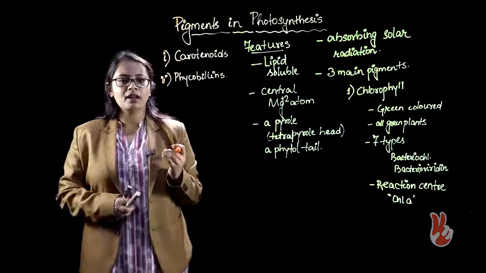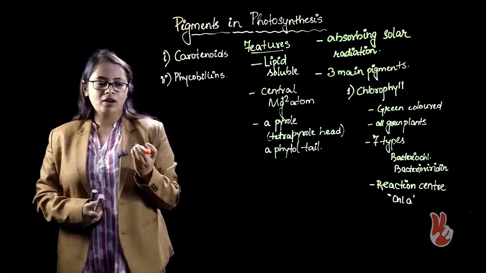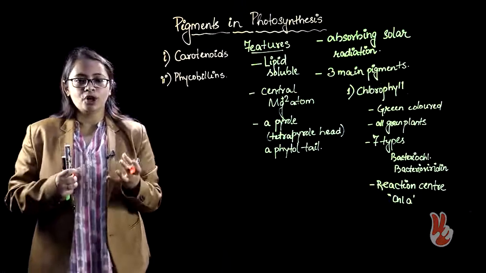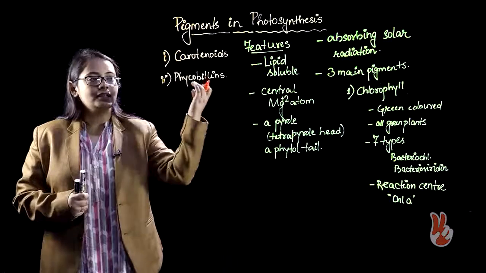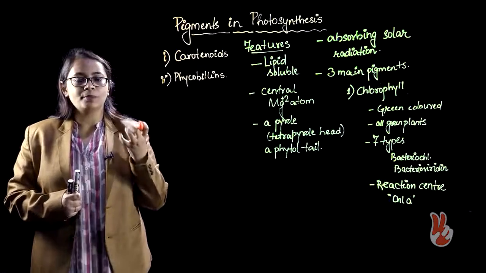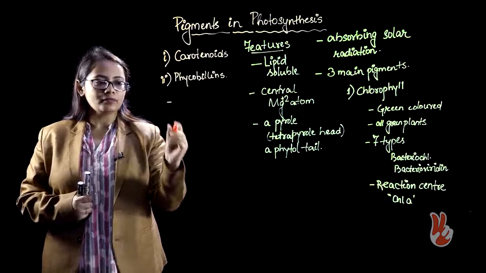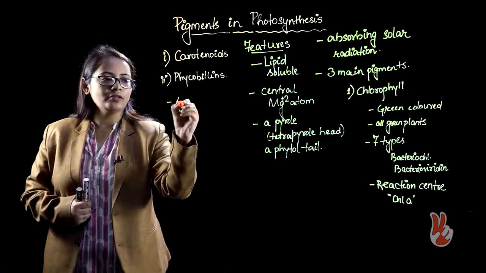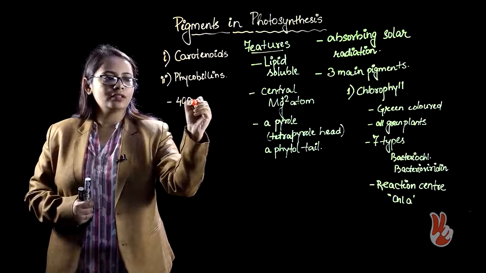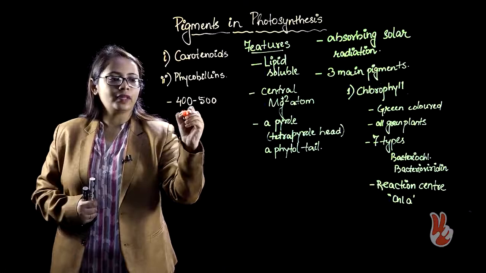These two pigments are known as the accessory pigments because they absorb the light energy where the chlorophyll pigment does not absorb strongly. These two pigments mainly absorb solar energy in a range of about 400 to 500 nanometer.